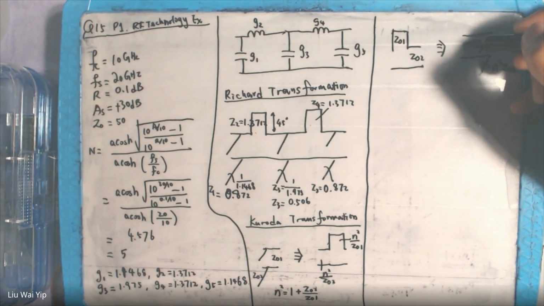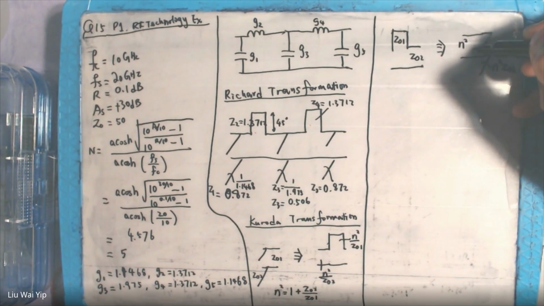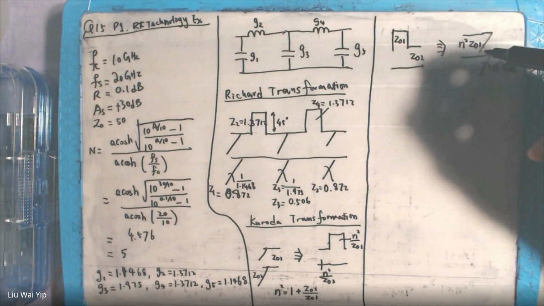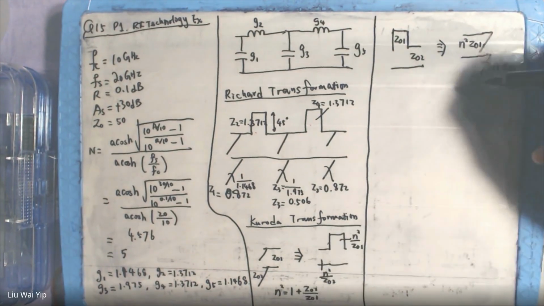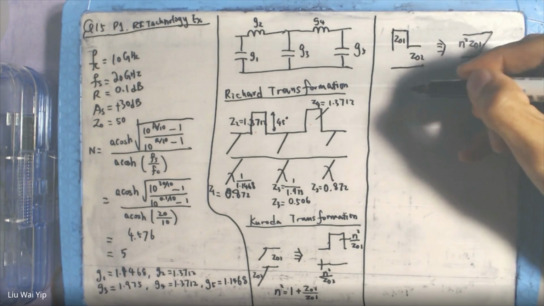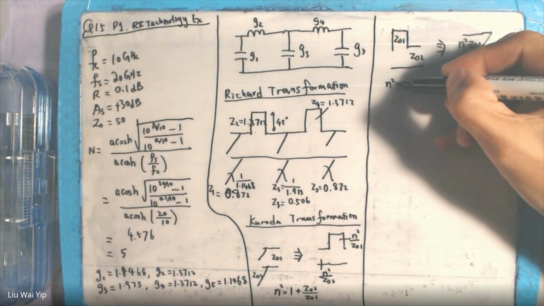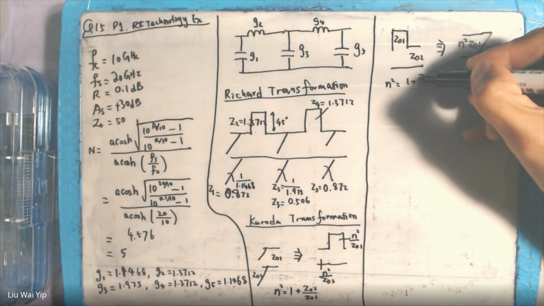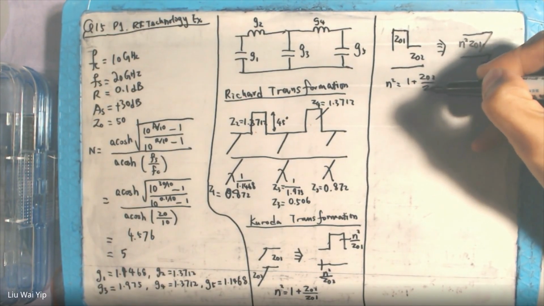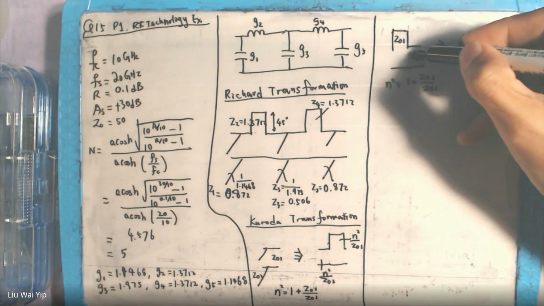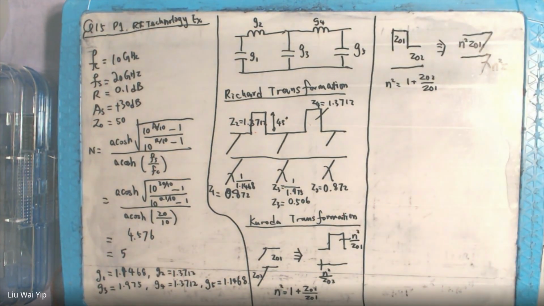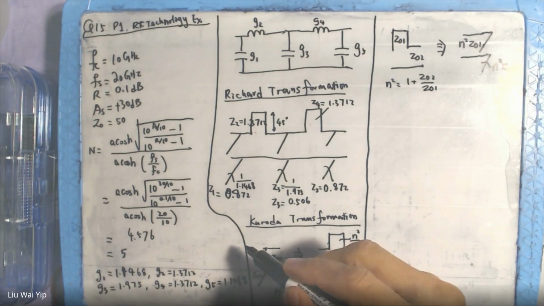And the impedance here is N square Z01. And what is the N square? N square is equal to 1 plus Z naught 2 over Z naught 1. I mean, this Z naught 2, this Z naught 1. Okay? So we have got two pairs here.